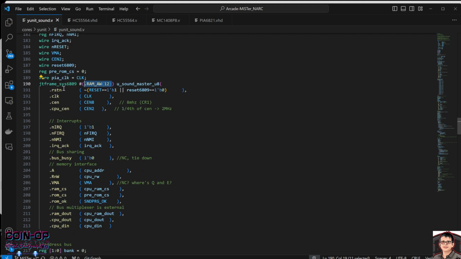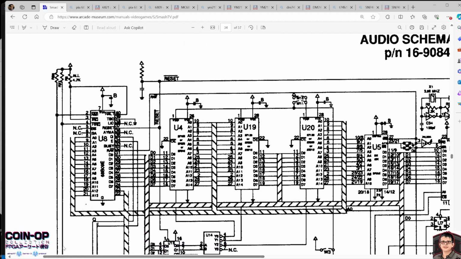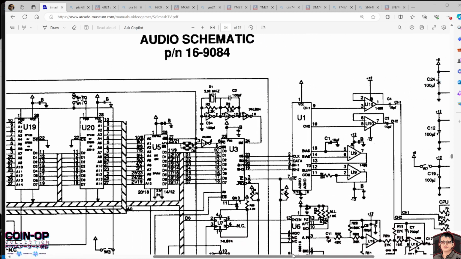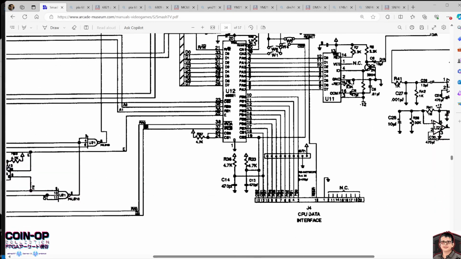And then the reset signal here, I took from wherever this is wired up. You see this reset line goes up, and you can see that this is a global reset. It goes all the way down, and then all the way to the interface.